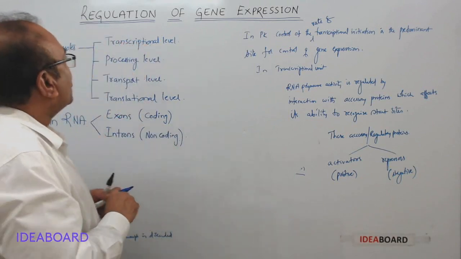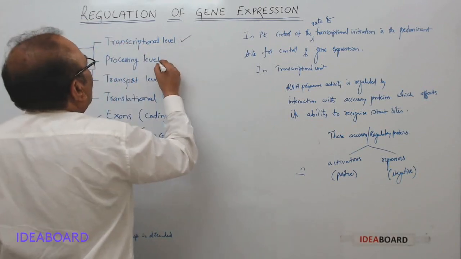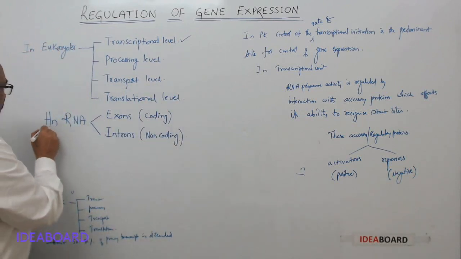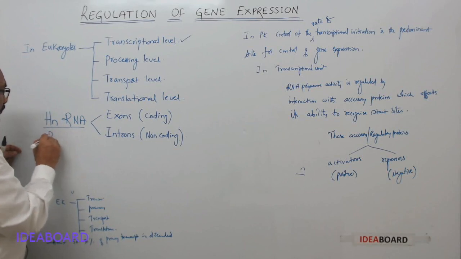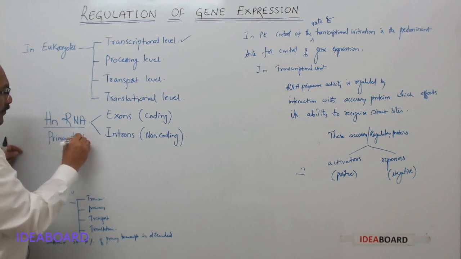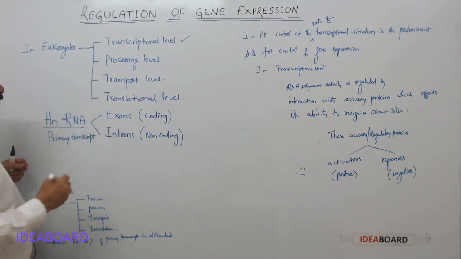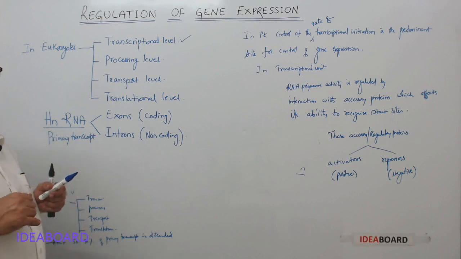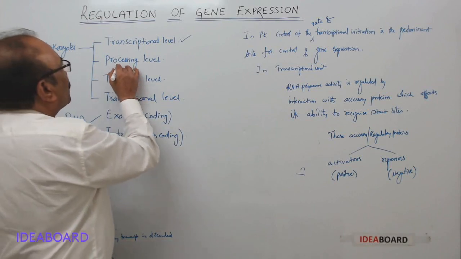So that's why the second level is the processing level. You can call this hnRNA a primary transcript. And this primary transcript should be corrected, and that is what is called the processing level.